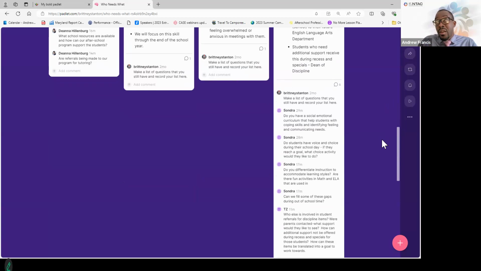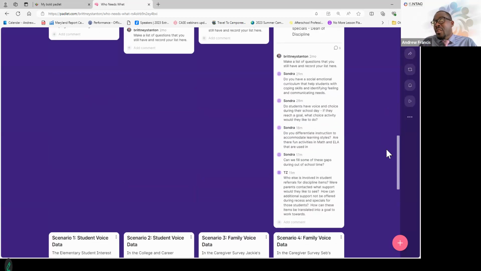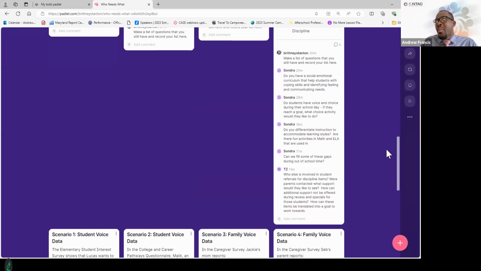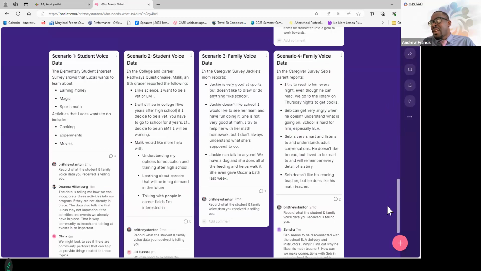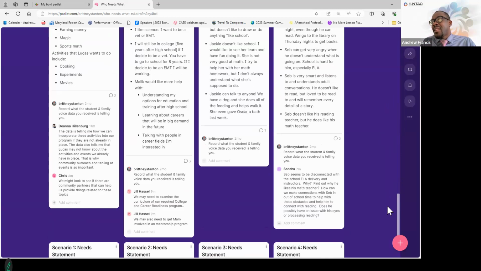But also adding to what others are saying, something I'm borrowing from scenario 4 is that somebody shared it's possible that a student may have been disconnected from the ELA delivering instructor. That's particularly for that one. But we could ask teachers for scenario 1 to share what specific difficulties 4th grade students typically face when they're learning subtraction as well.